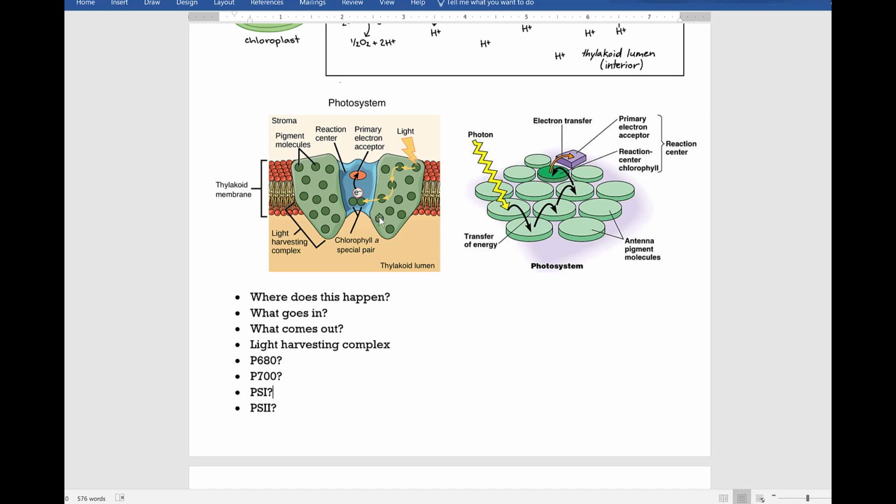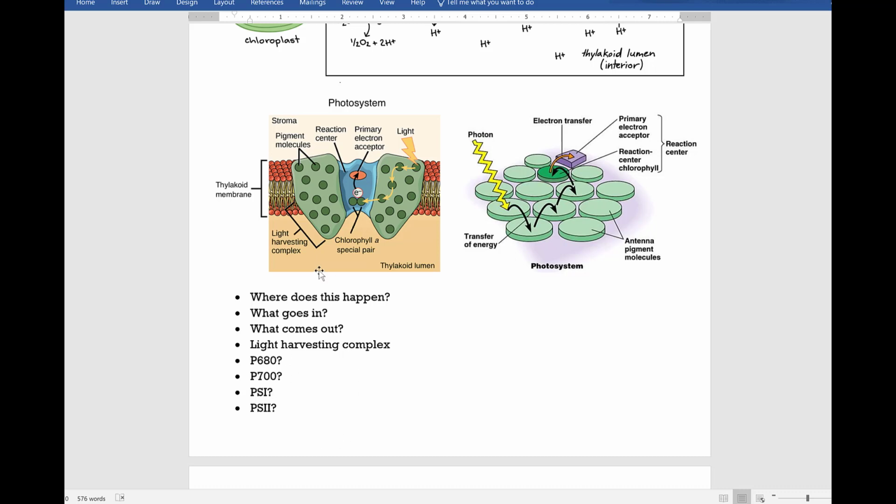So these photosystems are embedded in the thylakoid membrane so that the active transport of protons are moving from the stroma into the lumen. So what's going in would be light, and then also water.